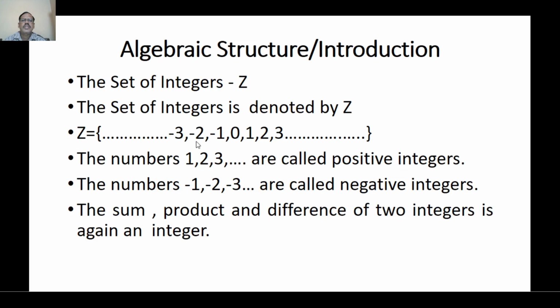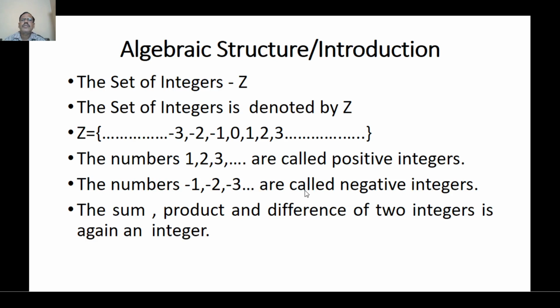Product: 1 into 2 is 2, 2 into 3 is 6, minus 1 into 1 is minus 1, 2 into minus 3 is minus 6. It is again an integer. Difference: 3 minus 2 is 1, 2 minus 3 is minus 1, 3 minus of minus 2 is 5, also an integer. So the sum, product and difference of two integers is again an integer.